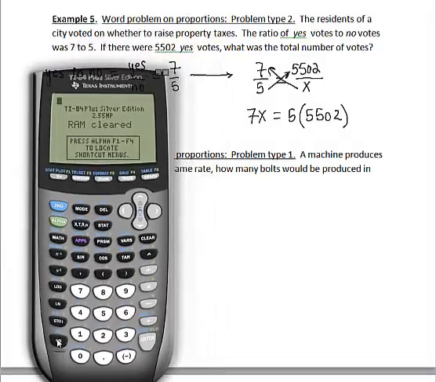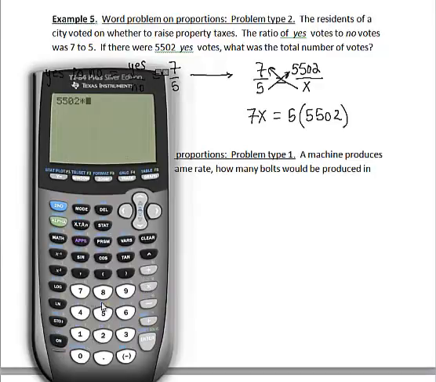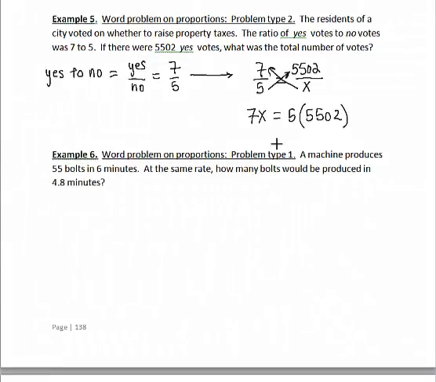We'll pull up our calculator. 5,502 times 5 gives us 27,510. And with 7x equal to 27,510, we divide both sides by 7.